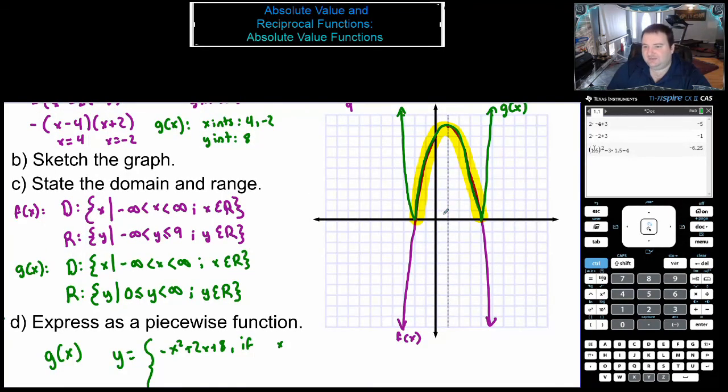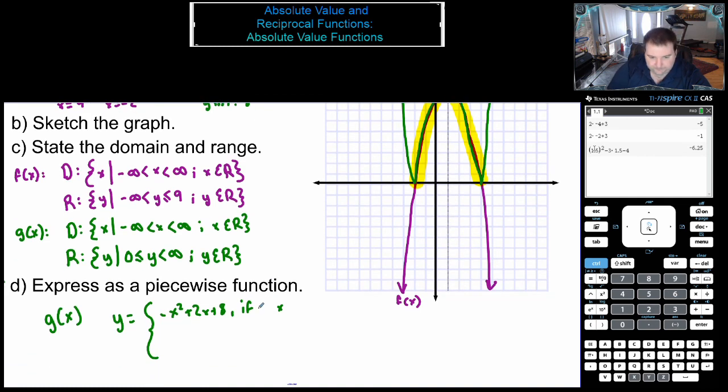Well, if x is in between these 2 points. What are these 2 points? There are x-intercepts, right? So 4 and -2. So if x is greater than or equal to -2 and less than or equal to 4. So if x is in between -2 and 4, then it's going to look exactly like the original function.